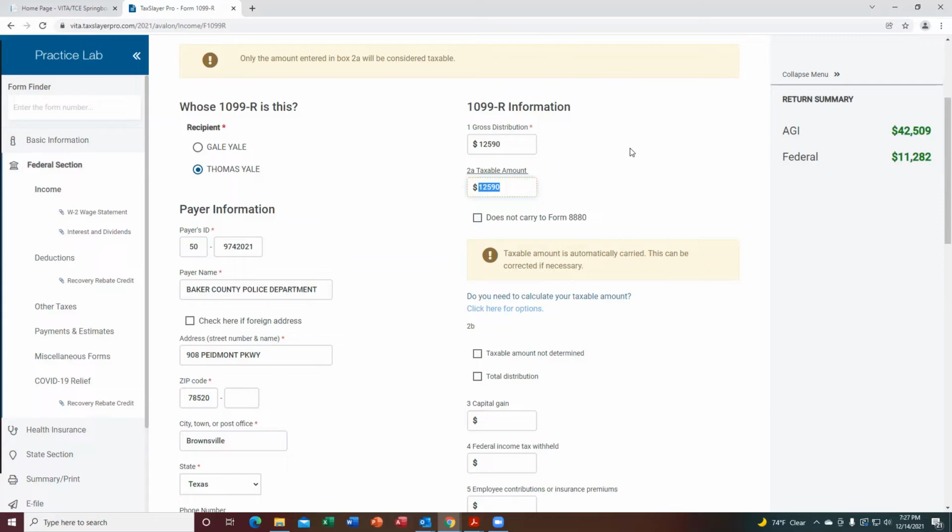It requires someone with an advance, because if box 2 is not populated, meaning the taxable amount has not been processed or figured out, then in the process, you're going to go through the simplified method in the system to figure out the taxable amount portion. So again, extremely important to pay attention to this form, because it just depends how it's populated and who can and cannot do it.